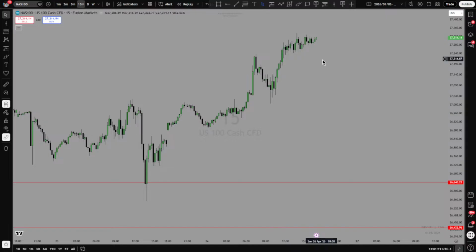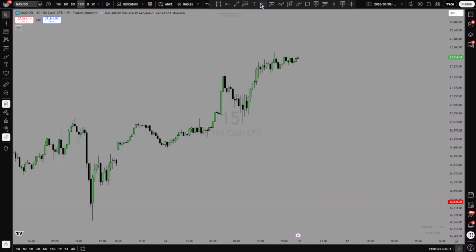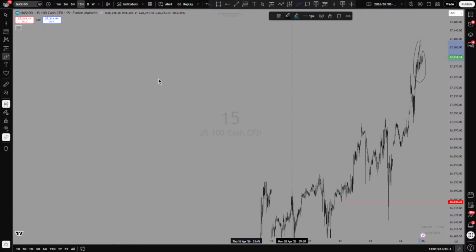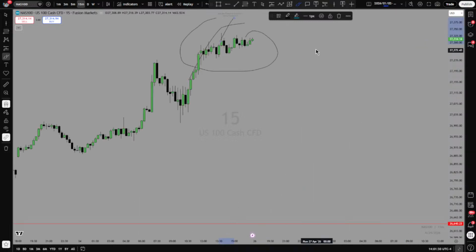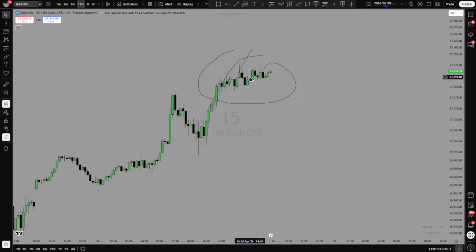So what we have here, the price seems to be consolidating. So there's nothing I can compare to here because this is the highest high. The price actually made the highest high. So I cannot say we just hit the high or we just hit the buy side liquidity.